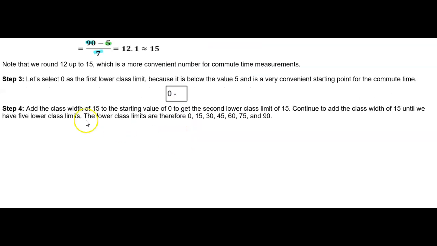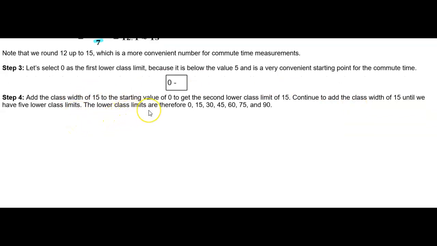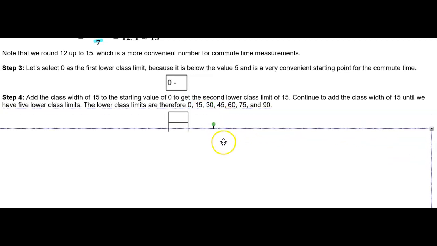Now we're going to add the class width of 15 to the starting value of 0 to get the second lower class limit of 15. And then we're going to continue to add the class width of 15 until we have 7 lower class limits. Now the lower class limits are therefore 0, 15, 30, 45, 60, 75, and 90.